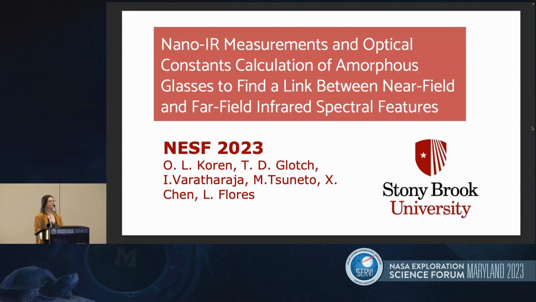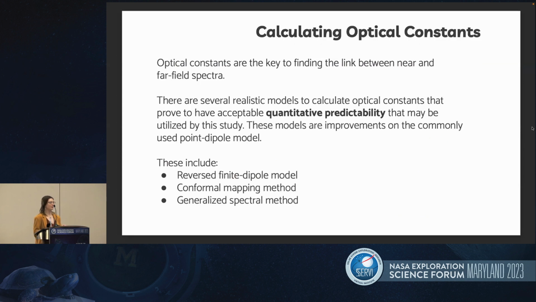So from this data, we can try to actually find this link, which is done by calculating optical constants. We have robust methods for calculating optical constants in the far field, but unfortunately with the near field data, it's a little more complicated because we have trouble finding an acceptable quantitative predictability with the current methods that are used.